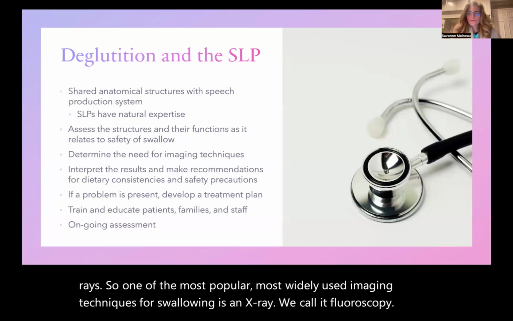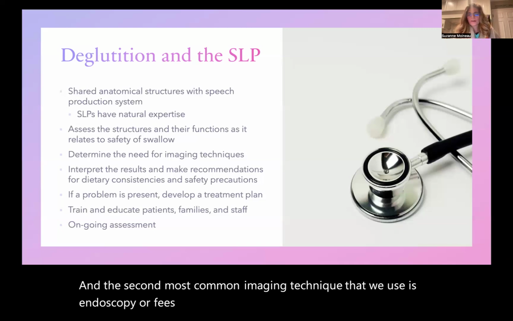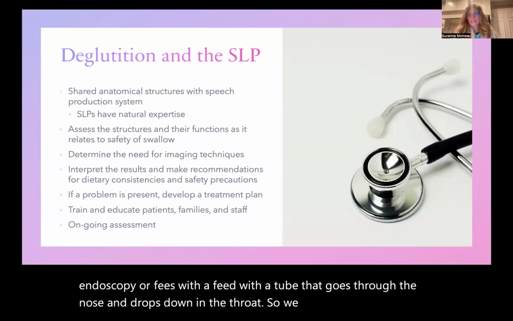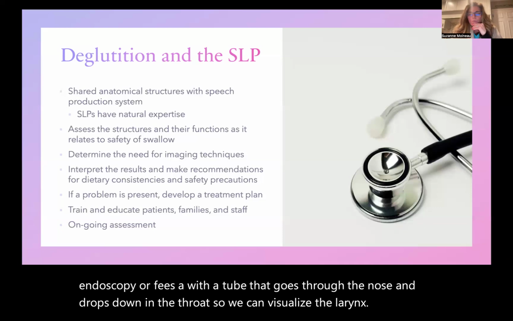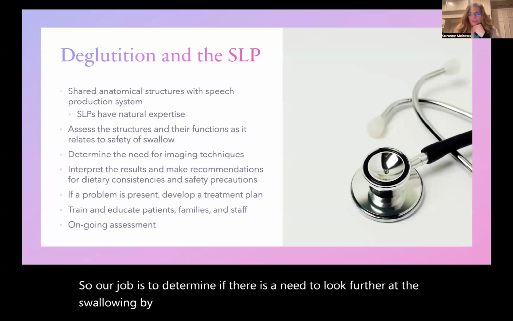And the second most common imaging technique that we use is endoscopy or FEES, with a tube that goes through the nose and drops down in the throat so we can visualize the larynx. So our job is to determine if there is a need to look further at the swallowing by instrumental examination using some kind of imaging techniques.